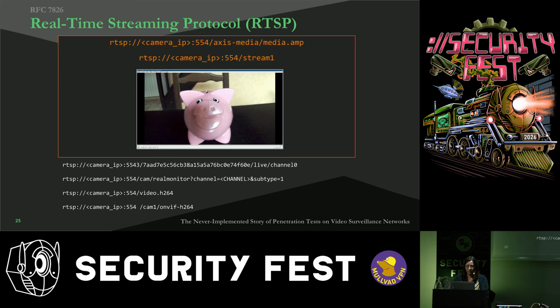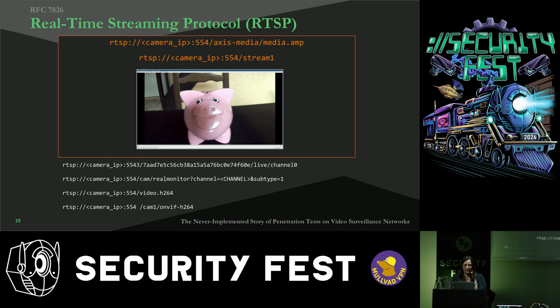One other thing you might have noticed is that when I access the RTSP stream from VLC, I use a special path to access it, which is called a stream URI. This one can be quite painful to find during penetration tests because it can be different depending on the vendors, the models, the configuration, and so on.